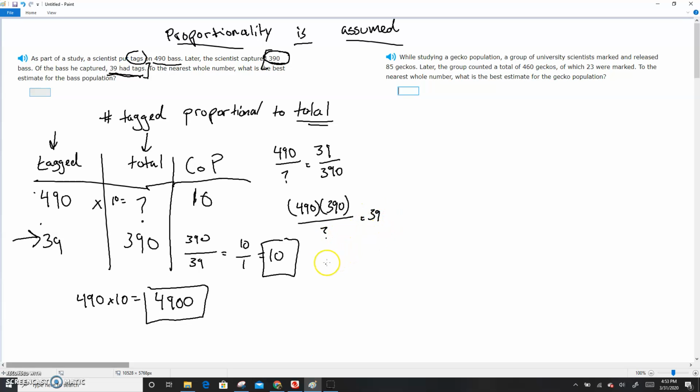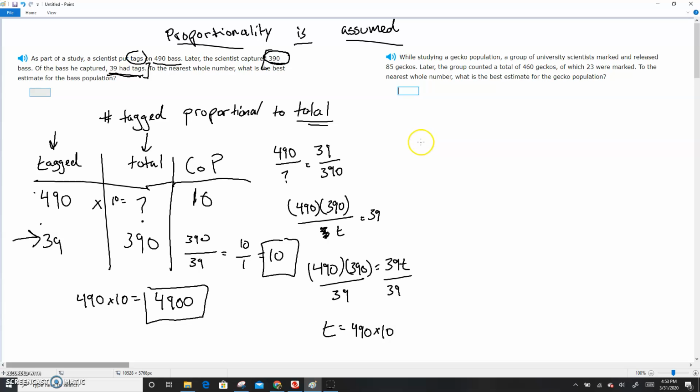I then multiply both sides by my question mark, and I get 490 times 390 equals 39. Let's use t instead of a question mark. 39t, divide both sides by 39. 390 divided by 39 is 10, and I get t equals 490 times 10, which is what we have here. I personally prefer finding the constant of proportionality, but some people may prefer this ratio method. Let's look at one more.